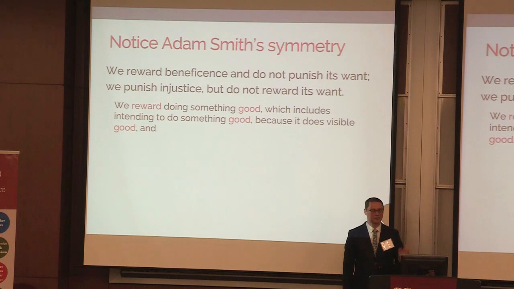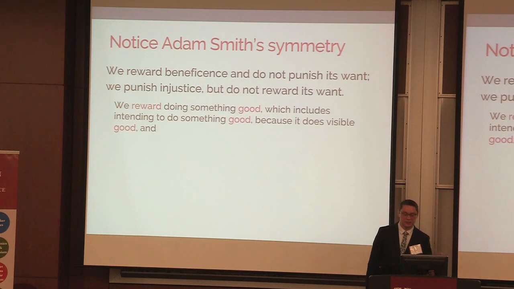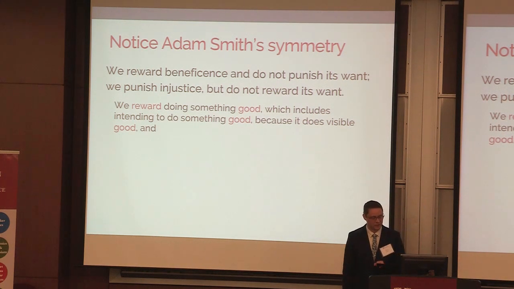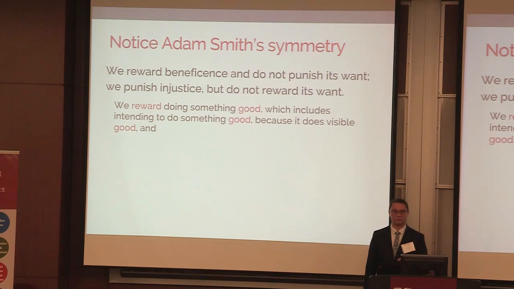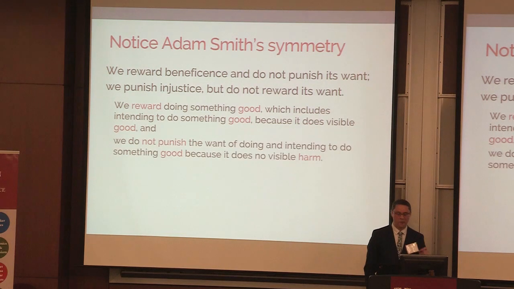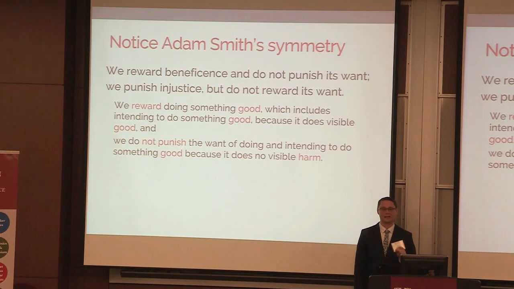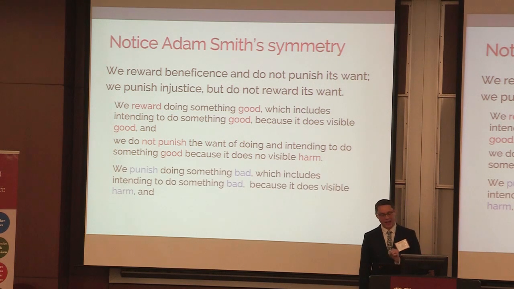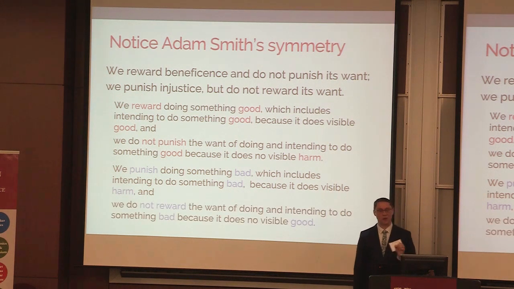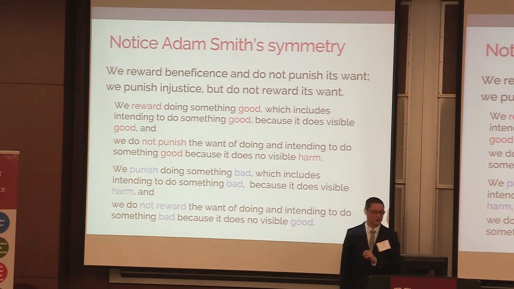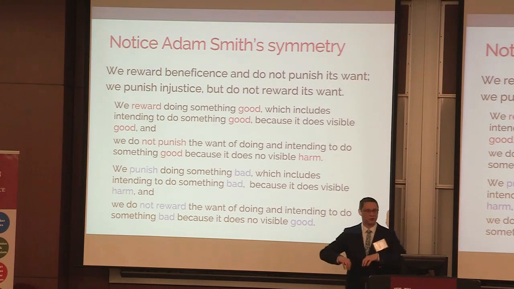We reward doing something good, which includes intending to do something good, because it does visible good. And we do not punish the want of doing and intending to do something good, because it does no visible harm. We punish doing something bad, which includes intending to do something bad, because it does visible harm, and we do not reward the want of doing and intending to do something bad, because it does no visible good.